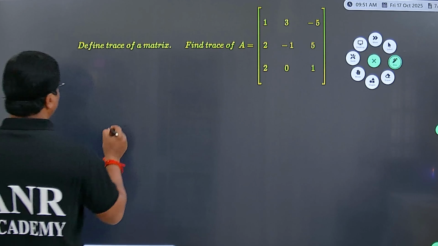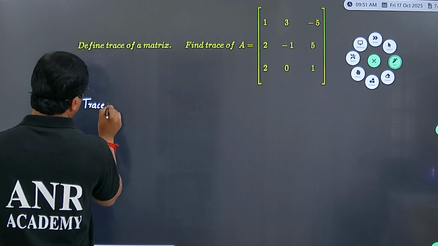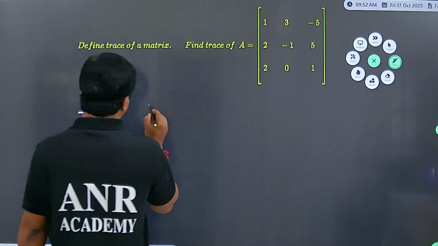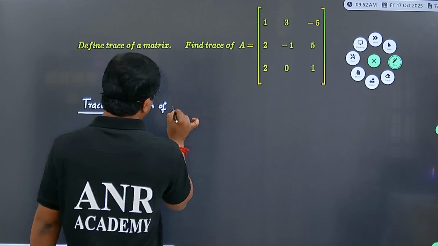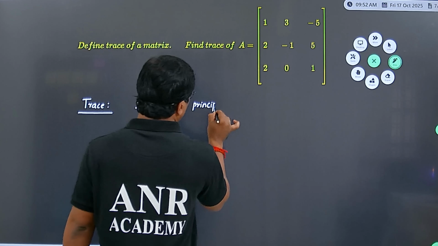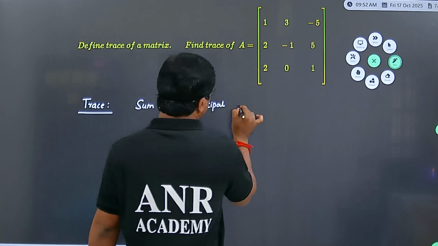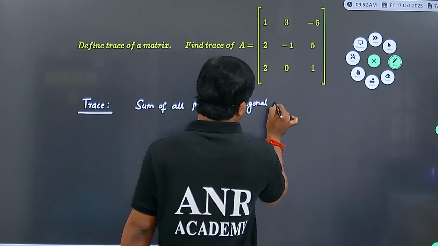First I am going to write the trace definition. You can define trace as the sum of all principal diagonal elements.